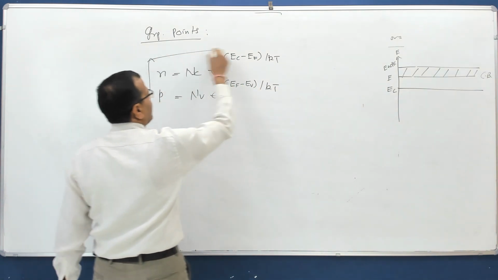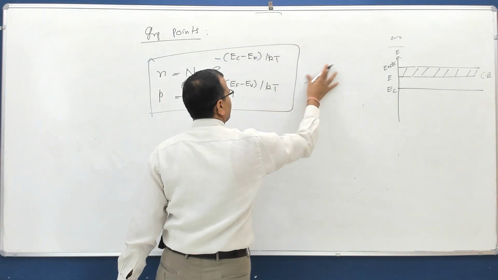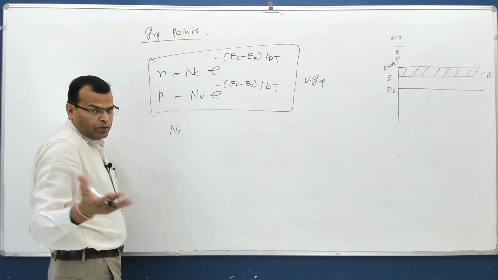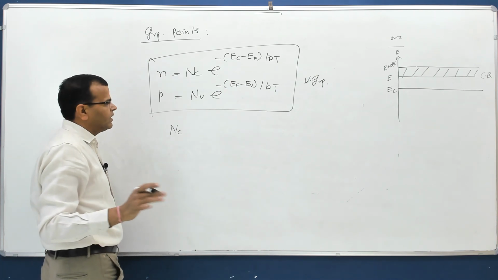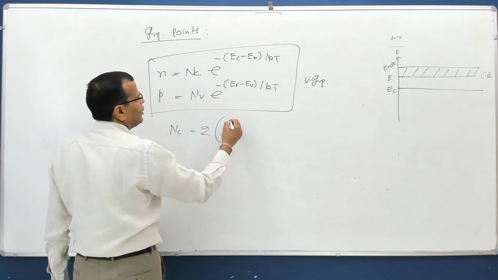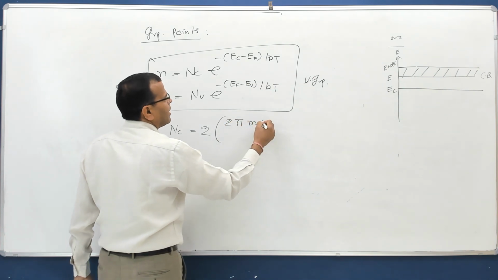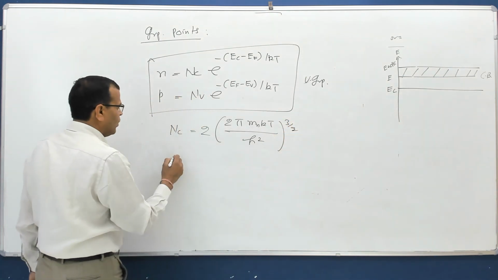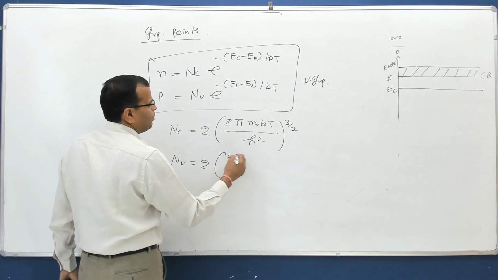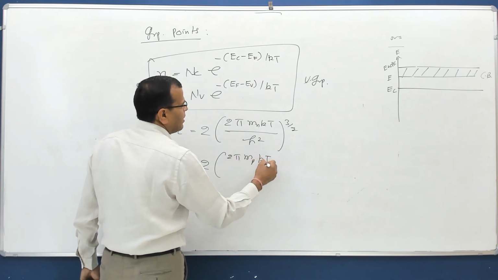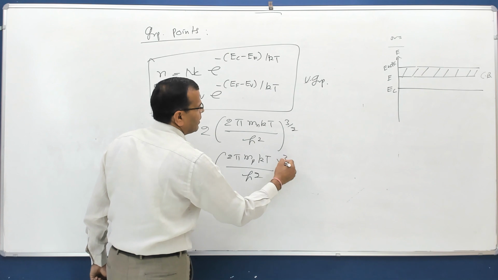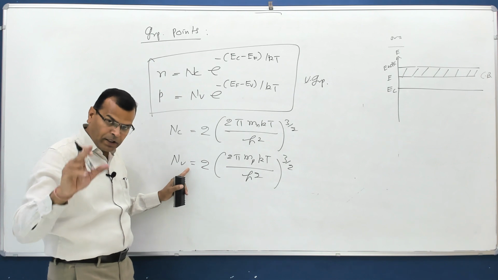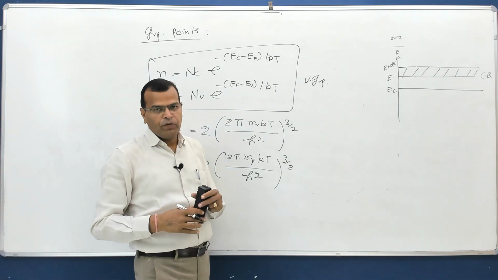These are very important expressions. You should remember them. Nc you need not remember as far as the exam is concerned. Just to recall, Nc is 2 into (2 pi Mn kT by h square) whole power 3 by 2, and Nv is 2 into (2 pi Mp kT by h square) power 3 by 2. This is the density of states in the conduction band, and the density of states in valence band.